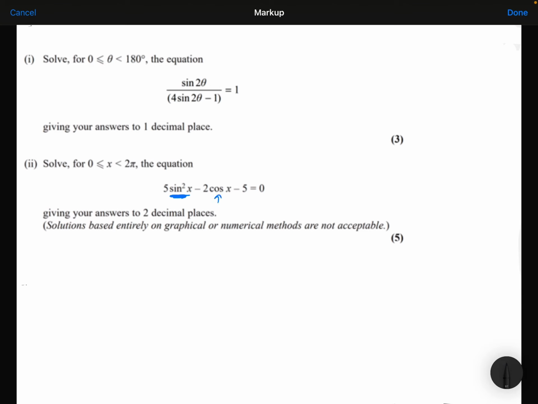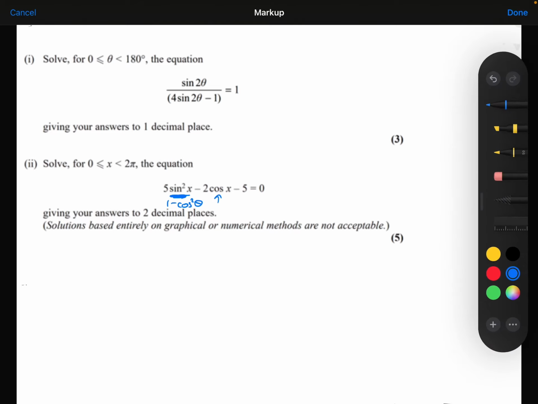Remember, we're always changing the squared one so that it matches the linear one. I know that sine squared x is the same thing as 1 minus cos squared x. So I've got 5 lots of 1 minus cos squared x, minus 2 cos x minus 5 equals 0.